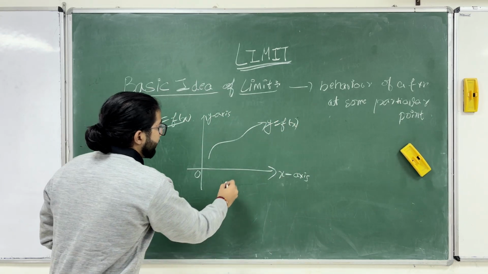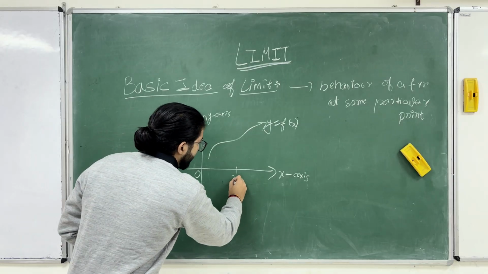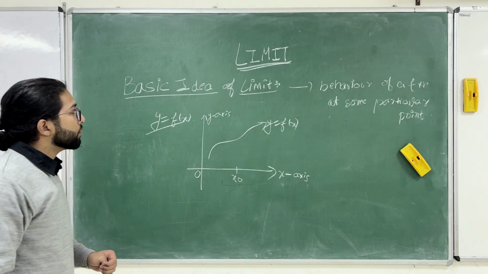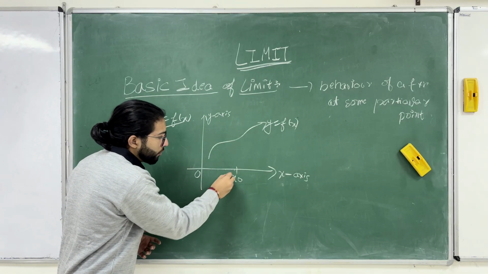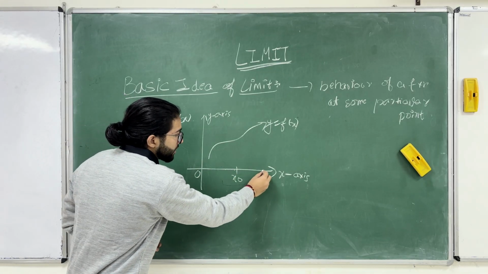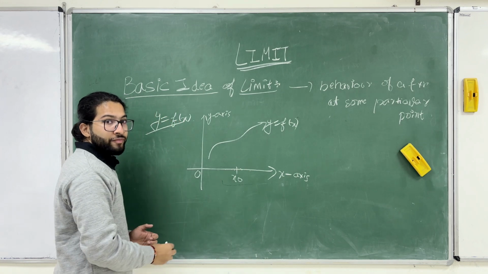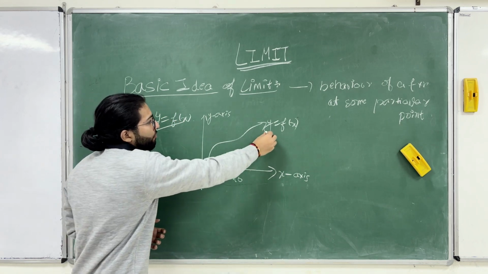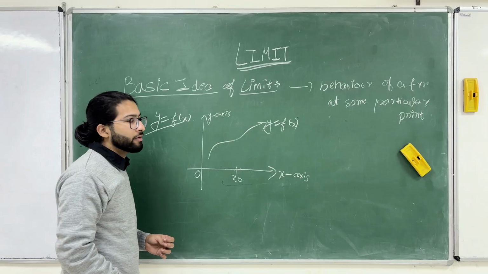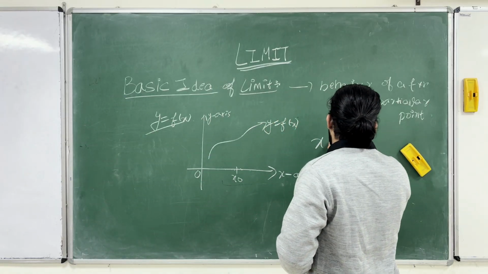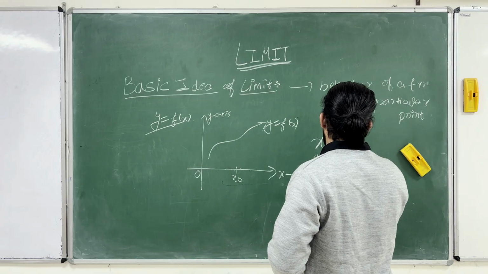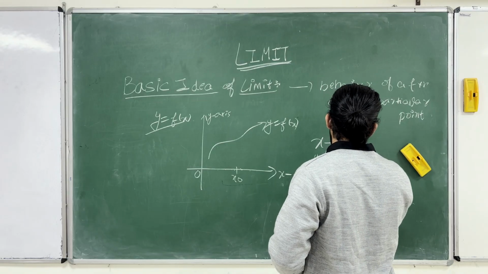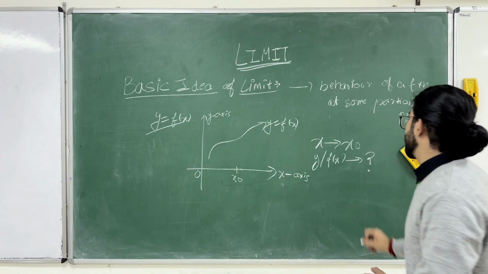If we have any point on the domain, suppose it's x naught, what does the limit say? Limit says: when the x points are going towards x naught, where is the value of y, or f(x), going?